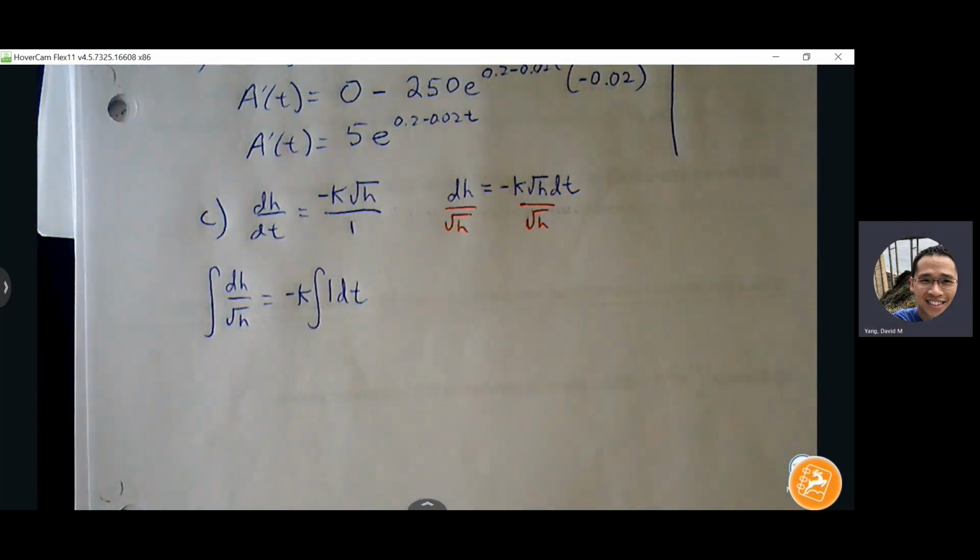If you want, you can pull that negative k out in front. And as a reminder, that right side is power rule. That k is not going to influence my antiderivative. It's just going to hang out.